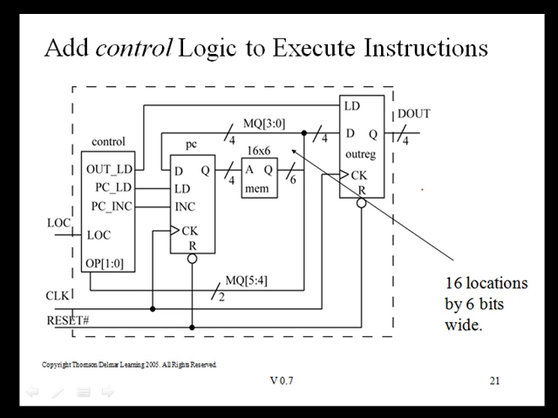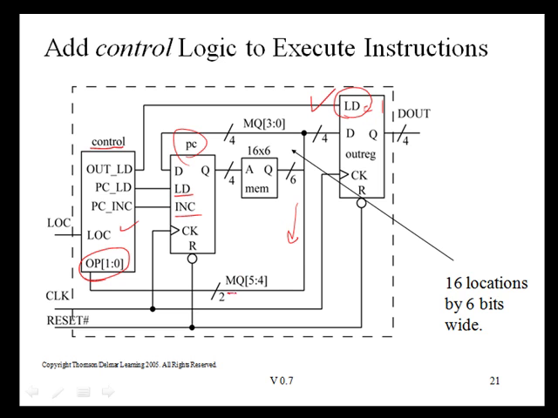To complete our design, we'll need some control logic, which will determine the sequence of operations that happens on the control lines for our various elements in our computer. For example, we'll need to specify when this load line is a 1 for the D output register. We'll need to specify when this load line is a 1 and the increment line is a 1 for our program counter. This is going to be combinational logic, and it's going to be based upon the opcode of our current instruction that's being fetched out of memory.